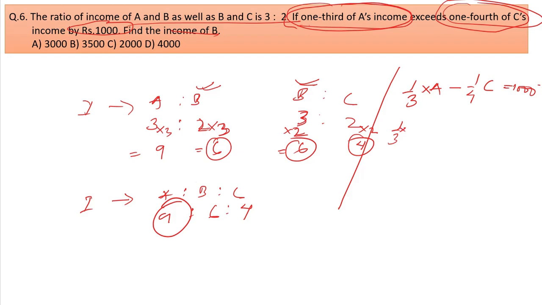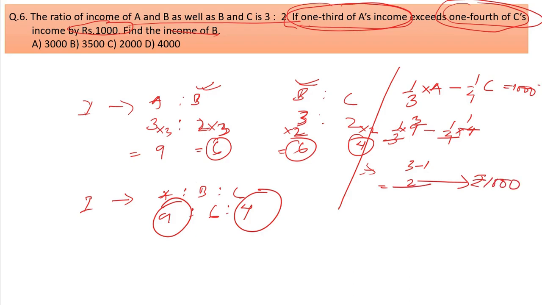So 1/3 into 9 minus 1/4 into C, which is 4. So 3 minus 1 equal to 2. 2 units is equal to rupees 1000. That is 2 into 500 is 1000.